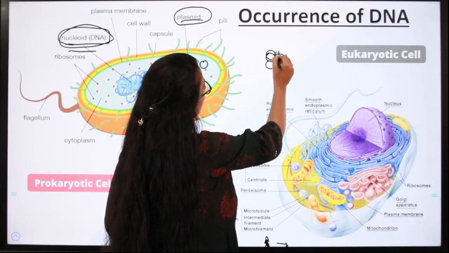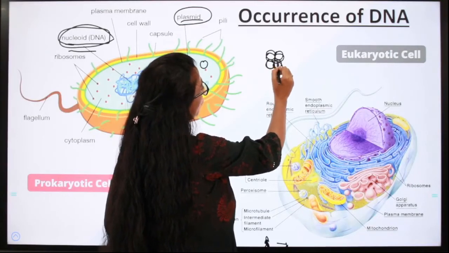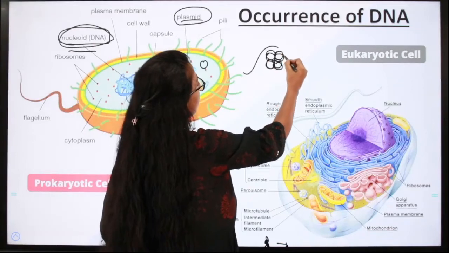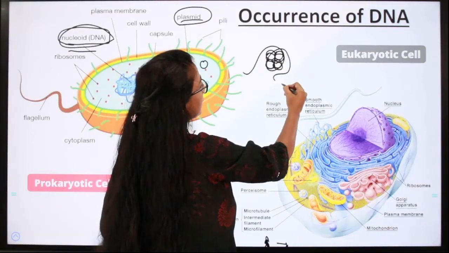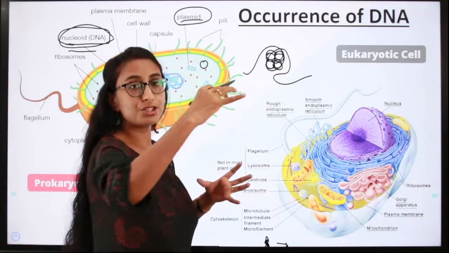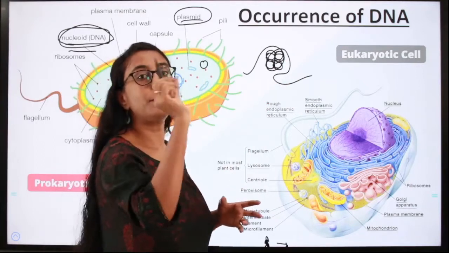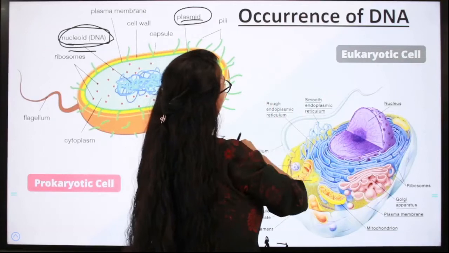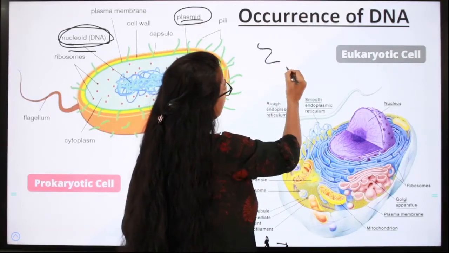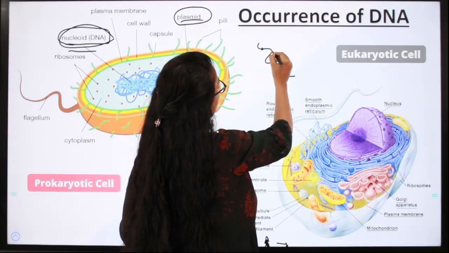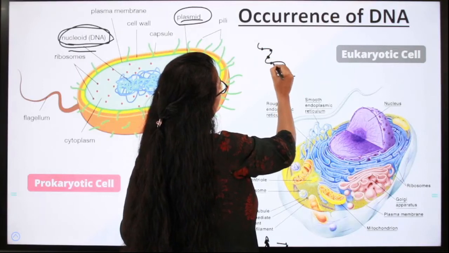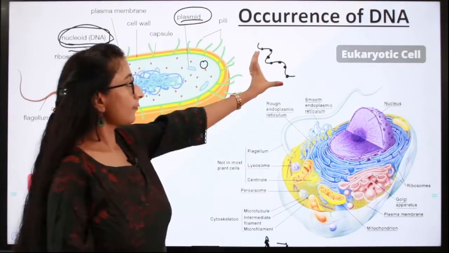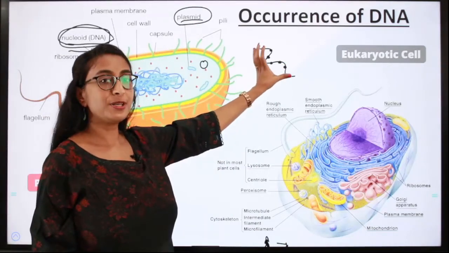You have 8 histone proteins which together form a histone octamer around which the DNA molecule is circled like this. So we get a chain of DNA with beads of histone proteins. It appears just like this, and it looks like a beaded chain. So this is how it is present in eukaryotic cells.